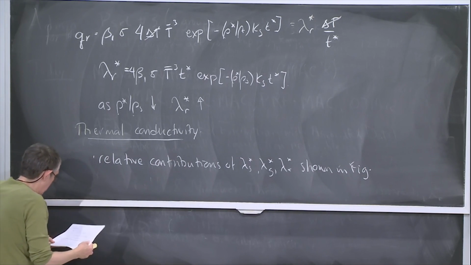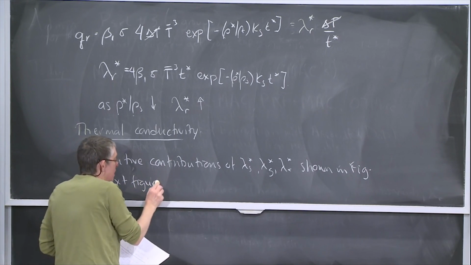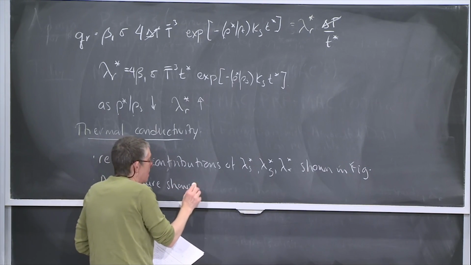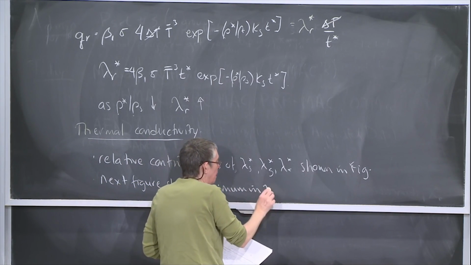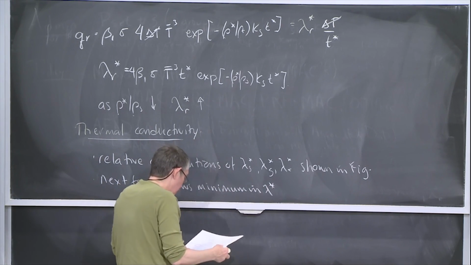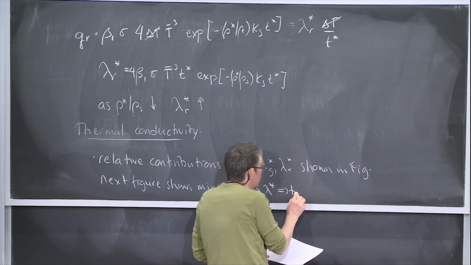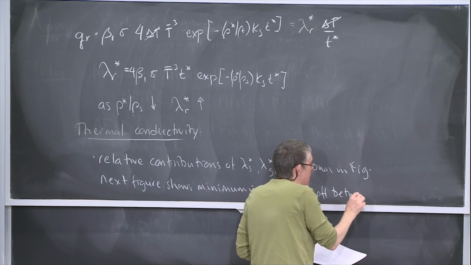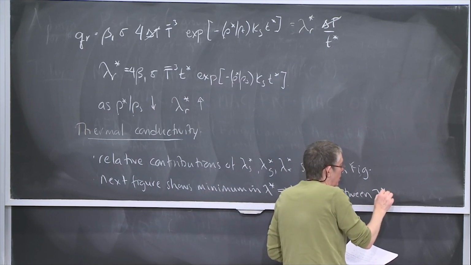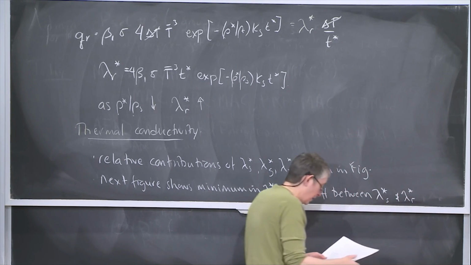And the next figure shows a minimum in the thermal conductivity. There's the trade-off between the conduction through the solid and the conduction from the radiation.